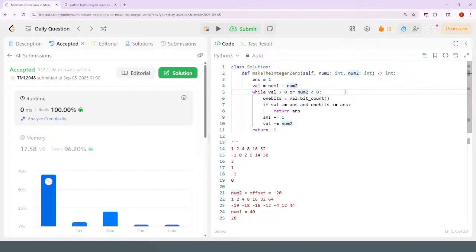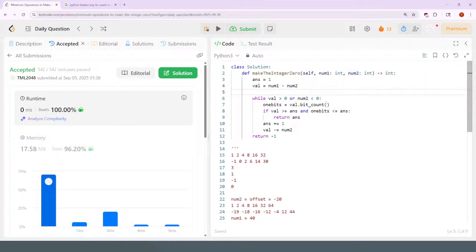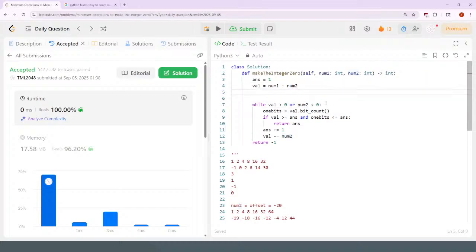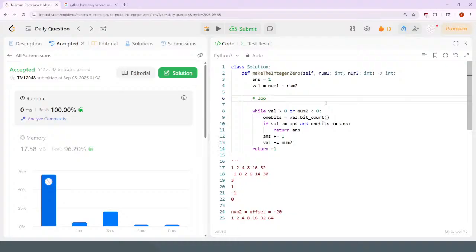I see. It's num2 is negative means that later terms in the sequence are increasing. So yeah. Loop.